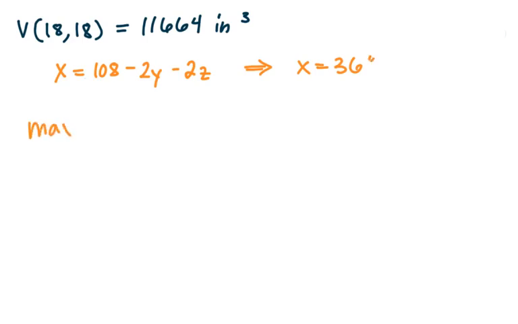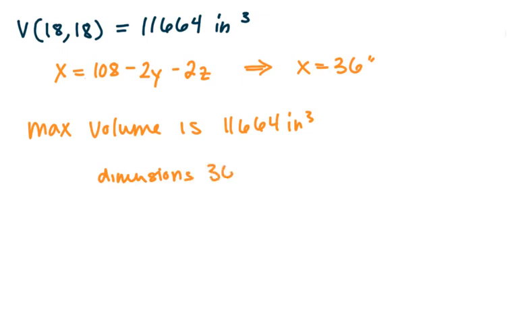So the maximized volume is 11,664 inches cubed, and that is when the dimensions are 36 by 18 by 18 inches.